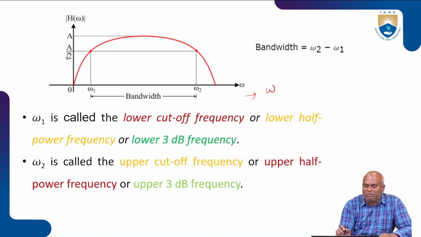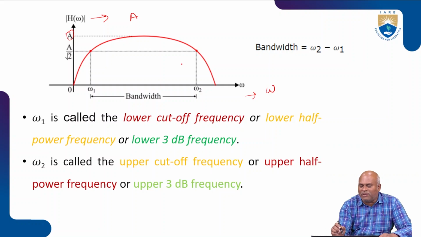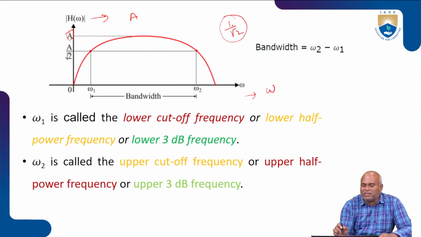The maximum magnitude is represented as A. After the cutoff, the magnitude value 1 by root 2 is represented as A by root 2. This represents the frequency response of any system.